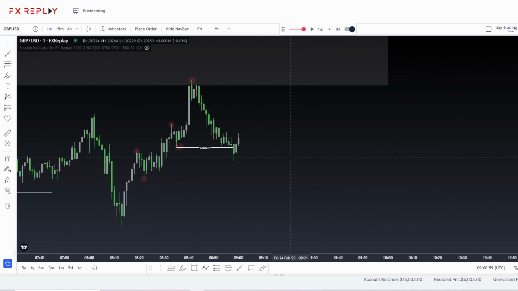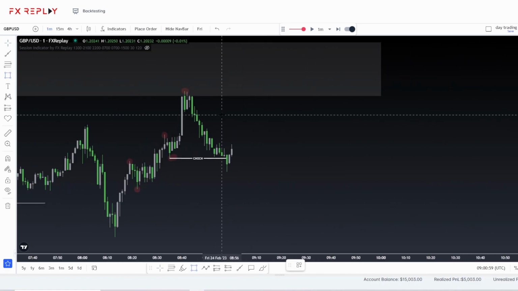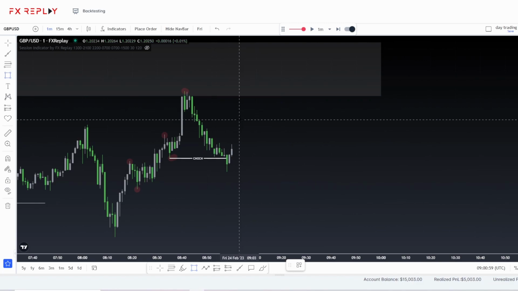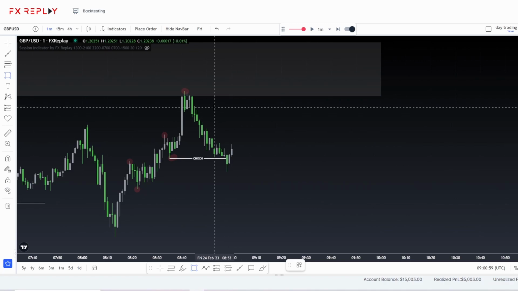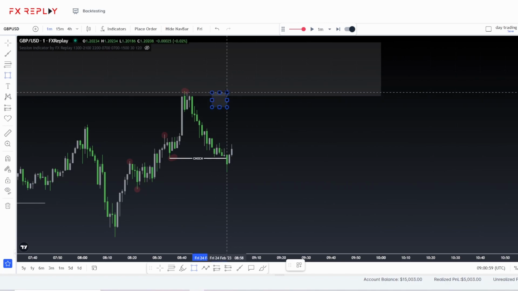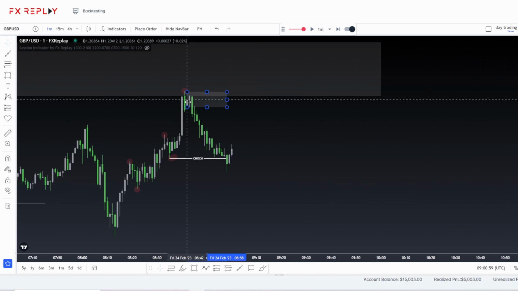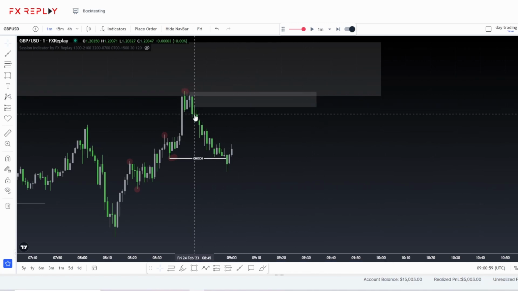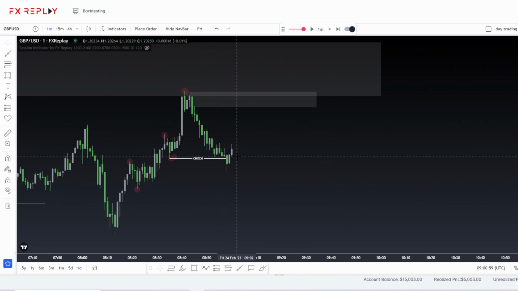Okay. So now at this point, there really isn't anywhere clear for me to sell from. I would sell from this if it was unmitigated and if there was imbalance. However, there is not. There is no imbalance within this current leg that we're ranging in.